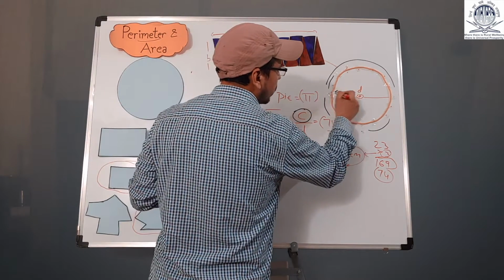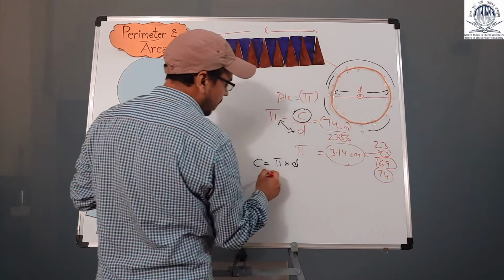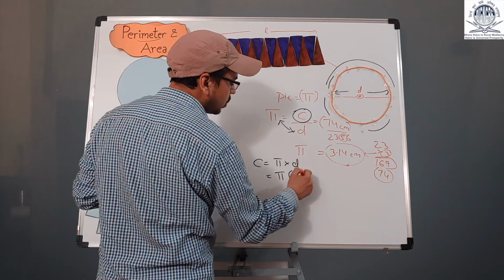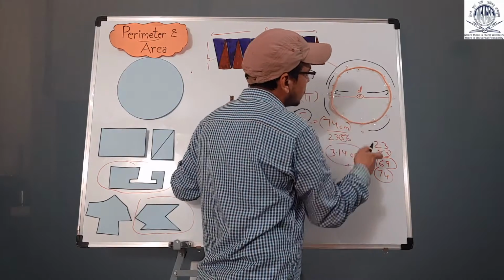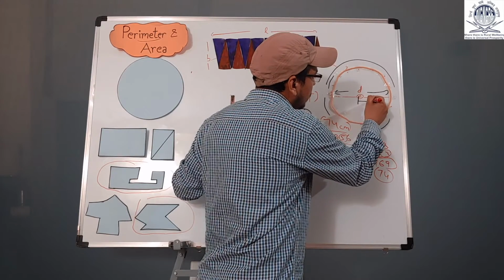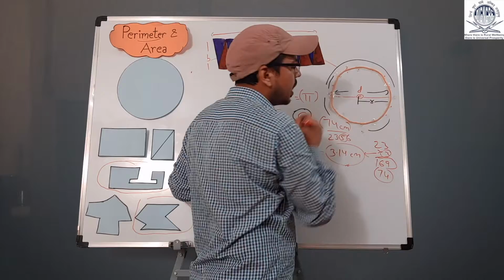D is what we know as diameter. Now suppose I want to substitute the value of d in terms of radius. So we should know what radius is. Radius is nothing but half of diameter.